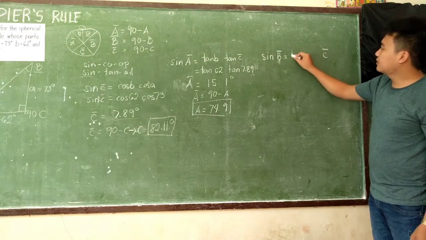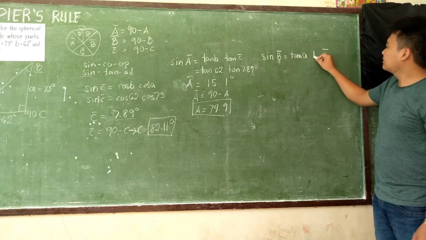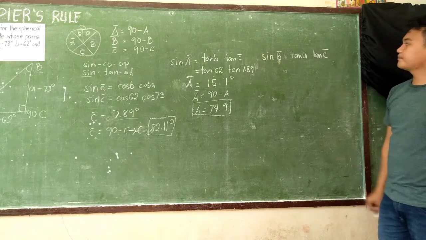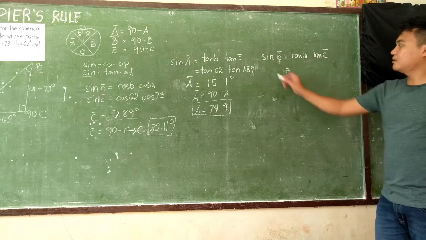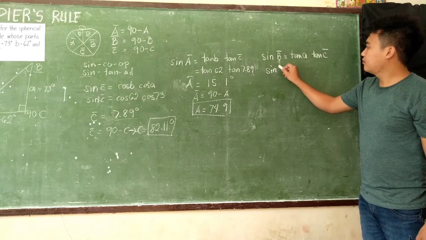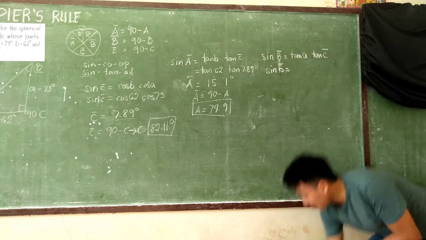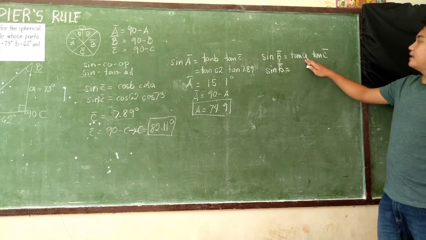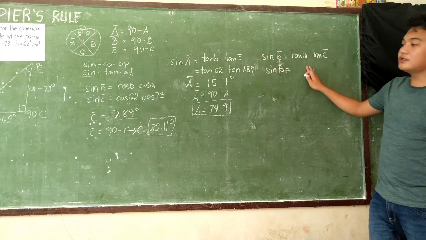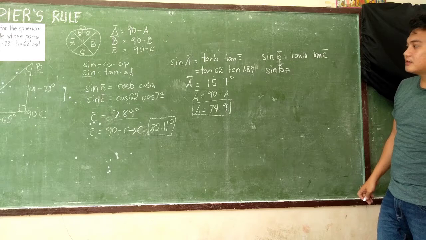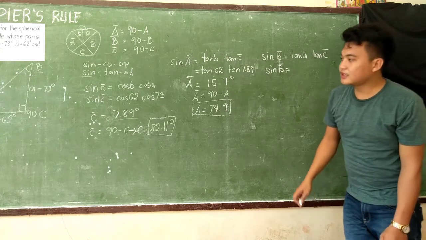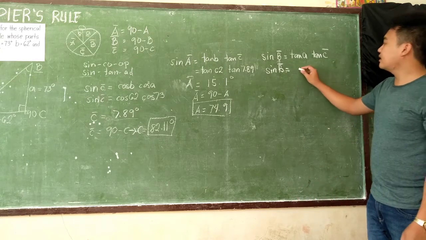So tan and tangent sine B bar. So substitute the value of A. So the value of A is 73 degrees.